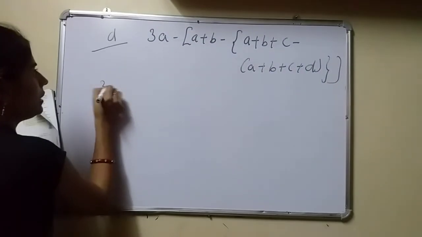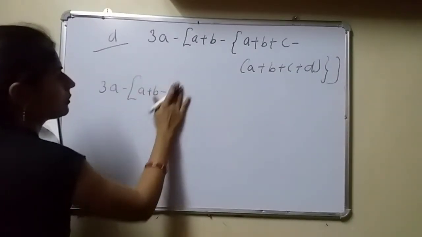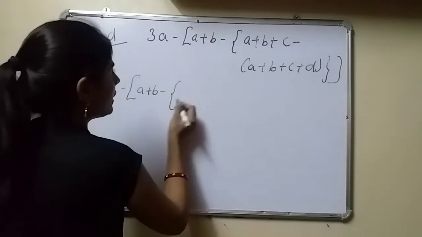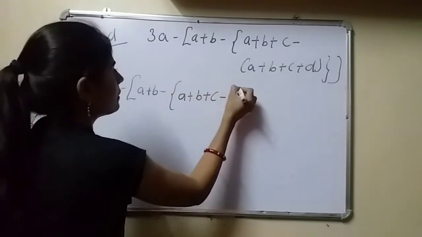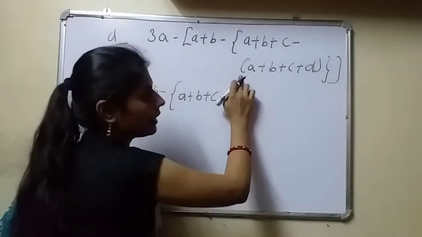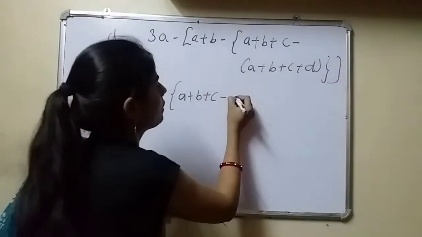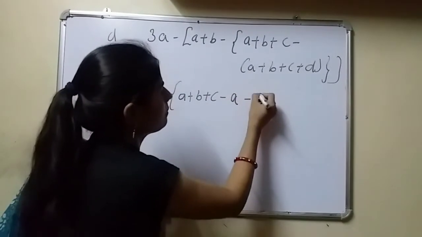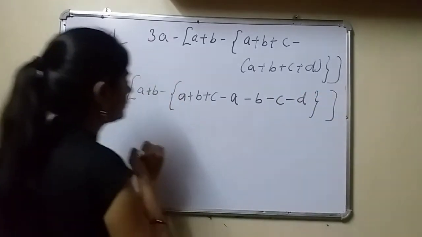First of all solve the small brackets, a plus b plus c minus. See, before the bracket this minus is given, so change the signs: minus a minus b minus c minus d, curly bracket, big bracket.